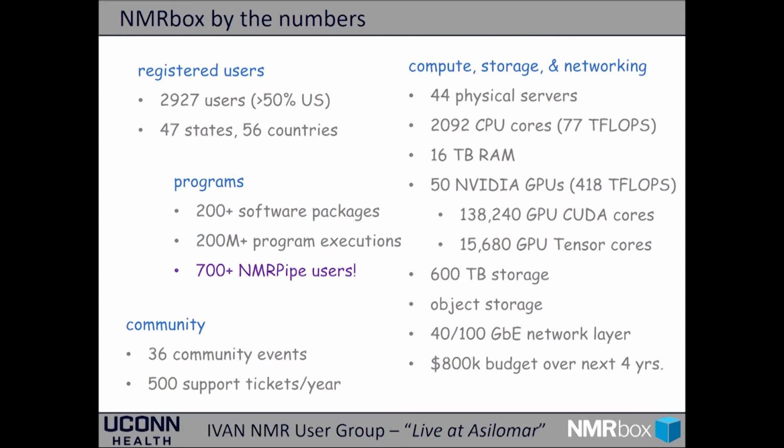So a quick slide of NMRbox by the numbers. We have just under 3,000 users covering almost every state in the US and 56 countries. We have 200-plus software packages, executed millions of times. Another shout out to Frank. We have over 700 users who have used NMRPipe on the NMRbox platform.